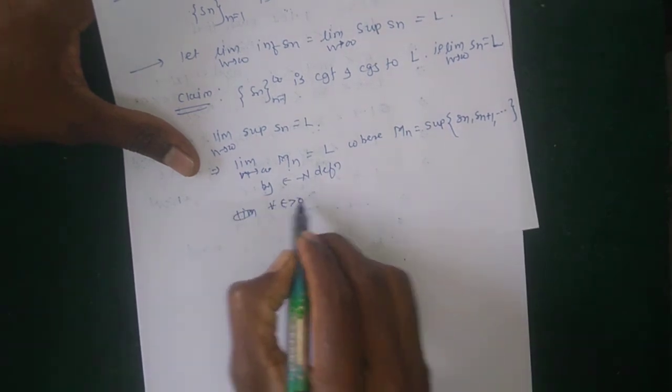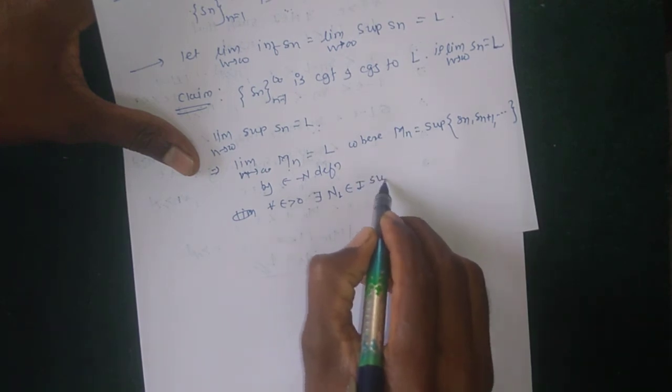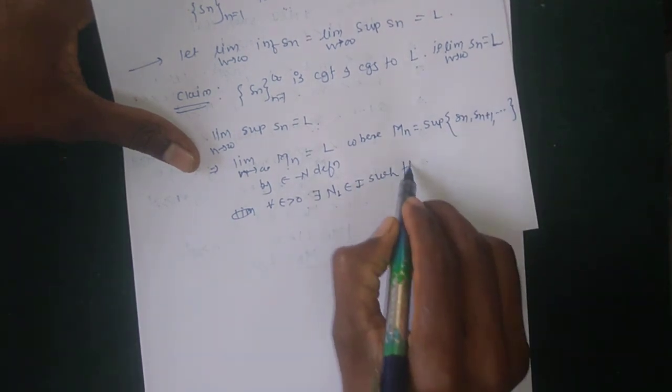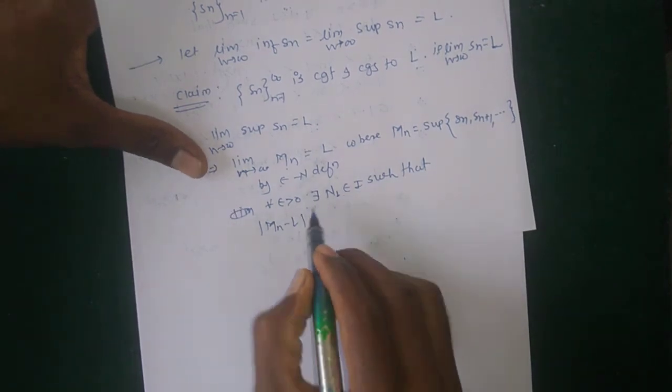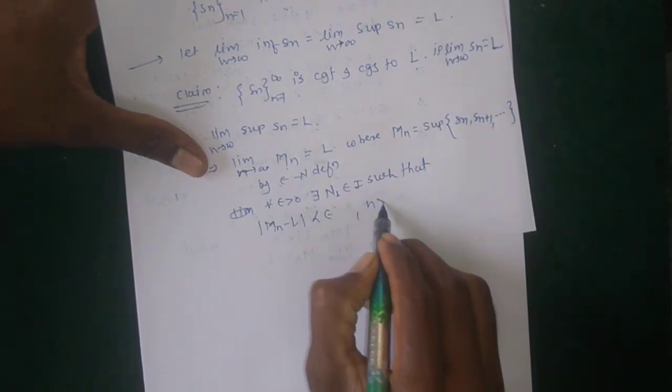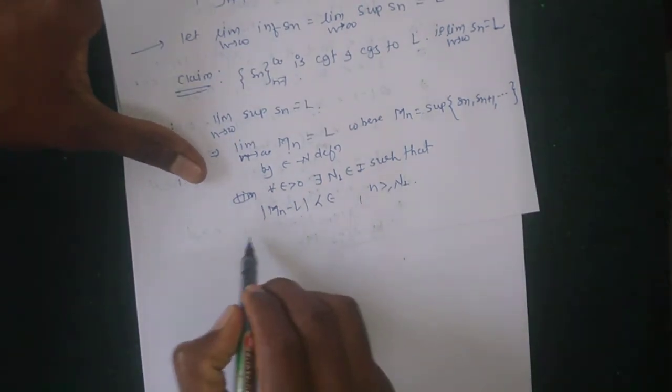For all epsilon greater than 0 there exists n1 belonging to I such that mod Mn minus L is less than epsilon whenever n is greater than or equal to n1.